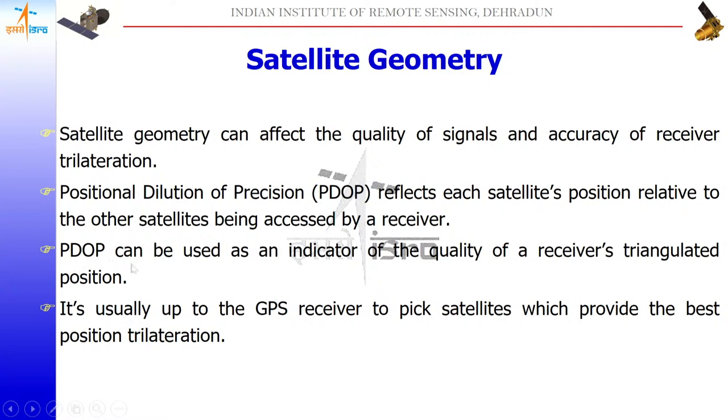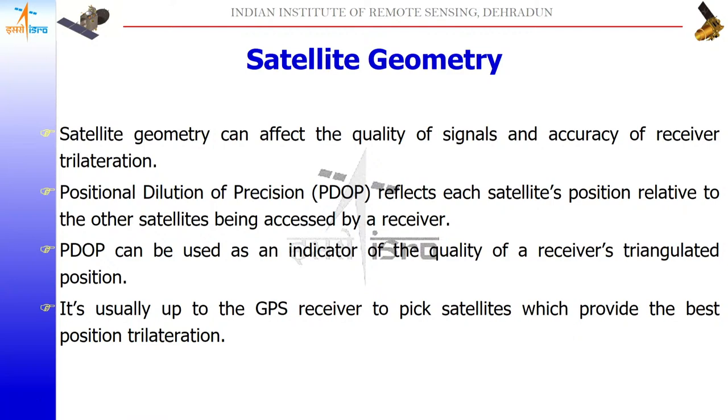So PDOP can be used as an indicator of the quality of the receiver's triangulated position, and it is usually up to the GPS receiver to pick the satellites which provide the best position trilateration.